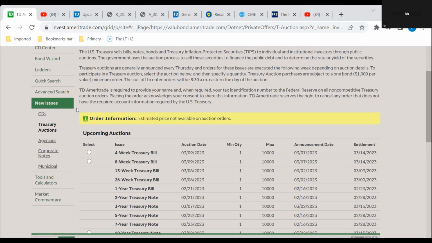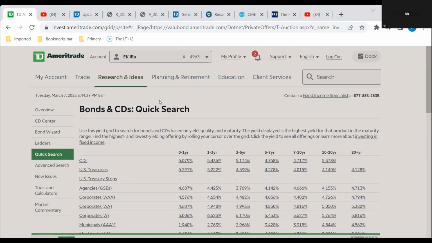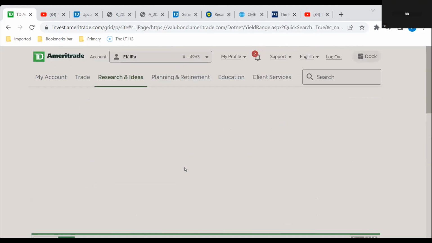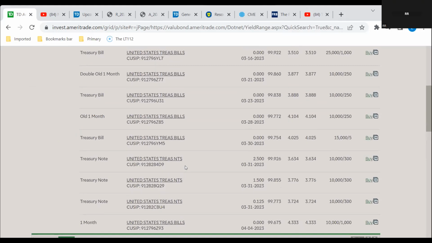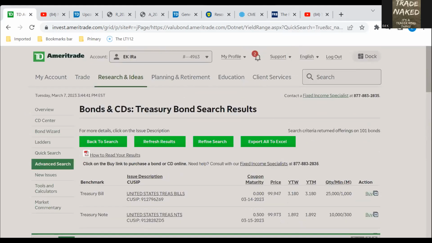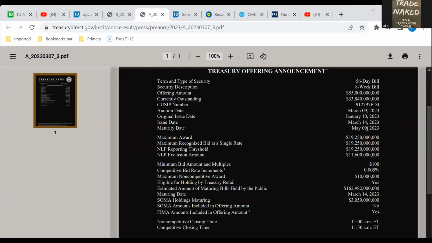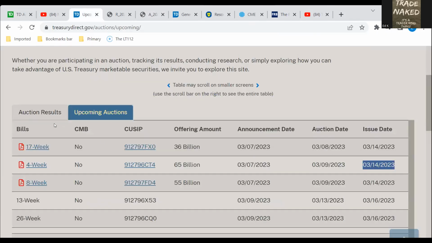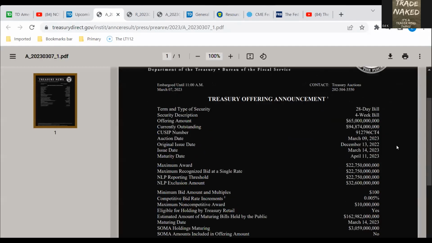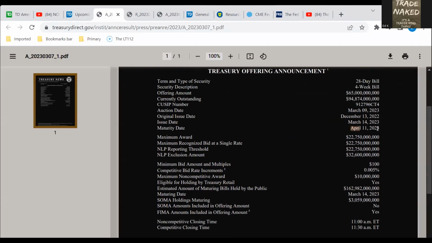Here's how you can tell, I guess. You don't know for sure, but the ones being issued next week will mature on April 4th, right? Let's see what that date was. May 9th. Oh, no, that's a 2 month. Sorry, we'll go back. Upcoming auctions, 4 week. Okay, so the 4 week one will mature on April 11th.